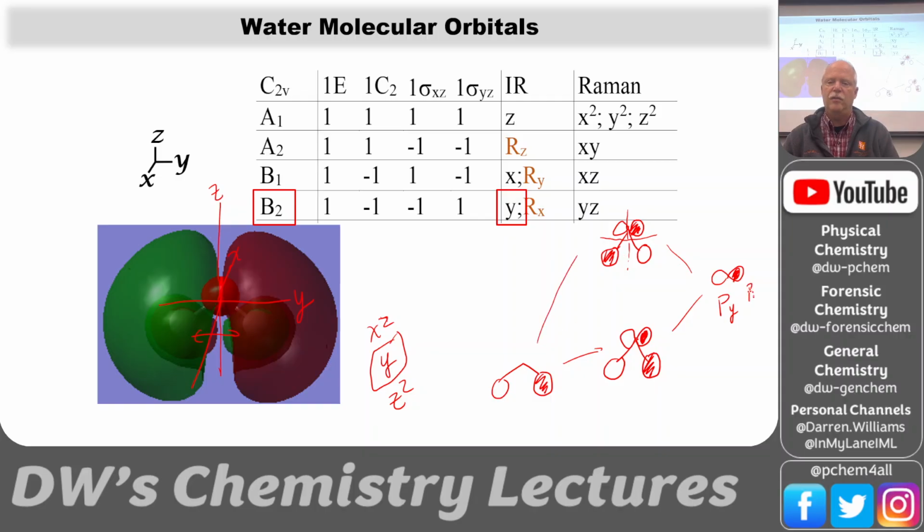So we had a B2 here, a B2 here, and then we come in with two atomic orbital combinations. We're going to get two molecular orbital combinations, in phase and out of phase. And so this would be B2, and this is B2.